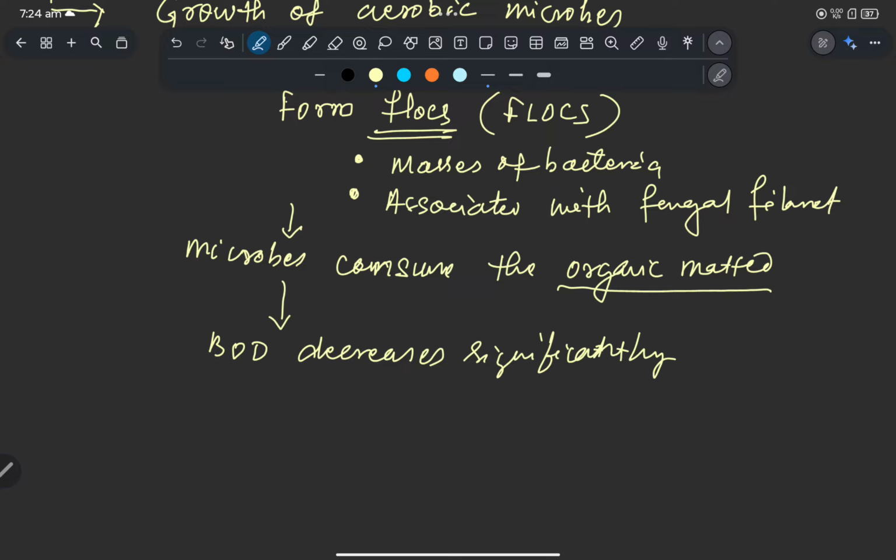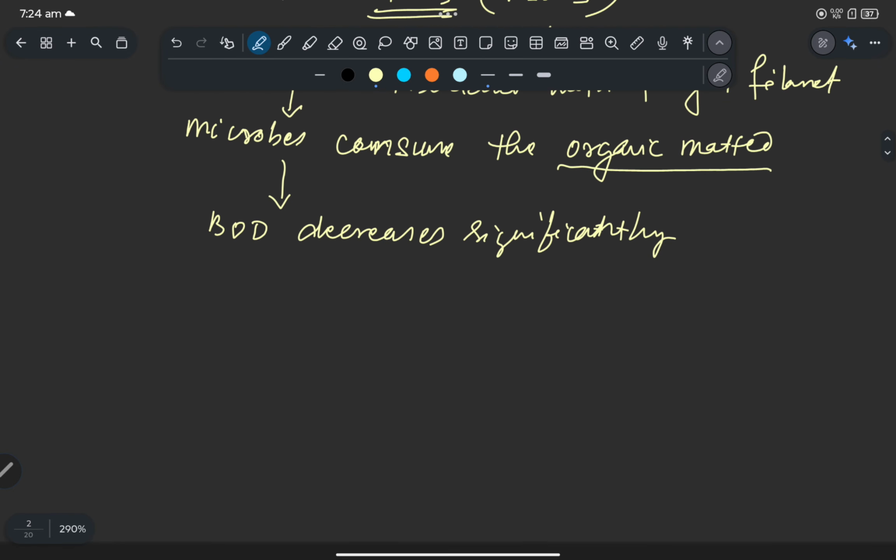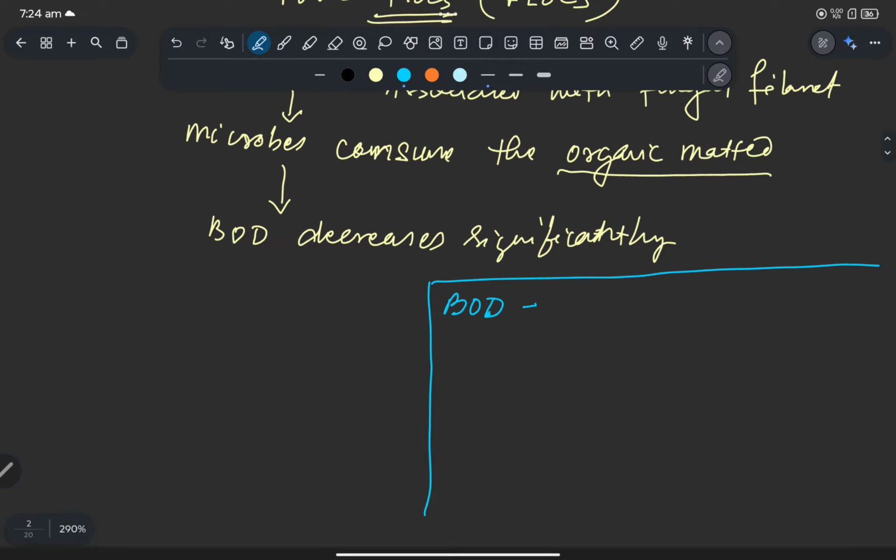Okay, so let me tell you what is BOD. Here I am writing in different color. BOD. The full form is biochemical oxygen demand.